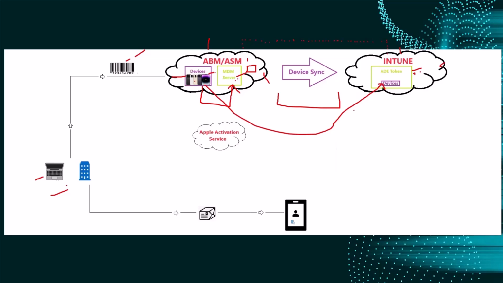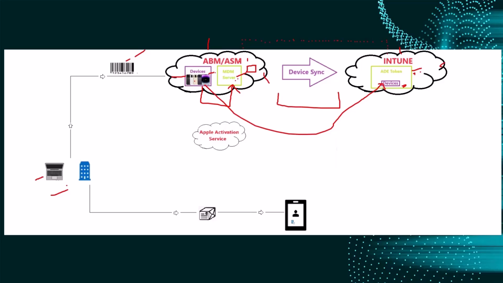So when I go to Intune, I will be able to see all the devices which are present against my MDM server in my ADE token, and to all these devices I can create an ADE profile, or a DEP profile, and assign it.